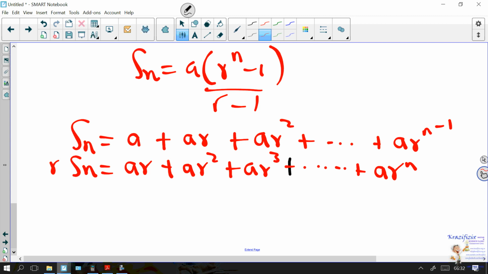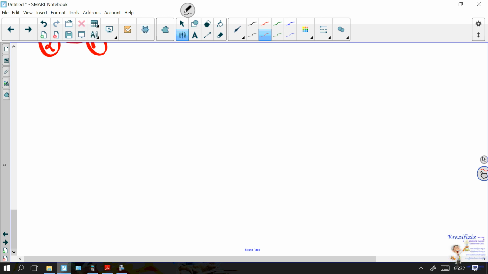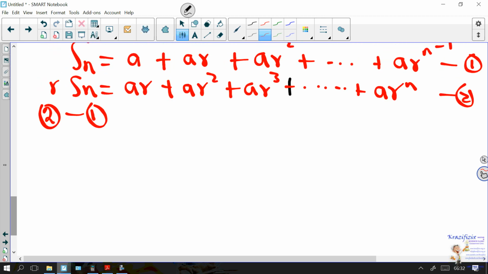Now, if this is my equation 1 and this is equation 2, I'll say equation 2 minus equation 1. All right, let's bring this down a bit. So it's going to be RSn minus Sn equals to. Remember now, just want to break it down. If I'm saying equation 2 minus 1, there's going to be a minus in front of all these terms.